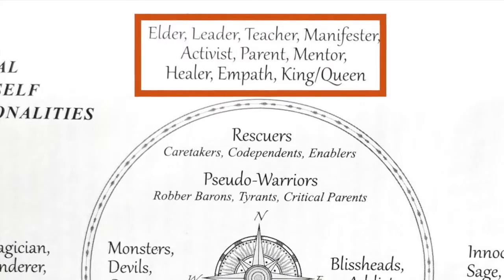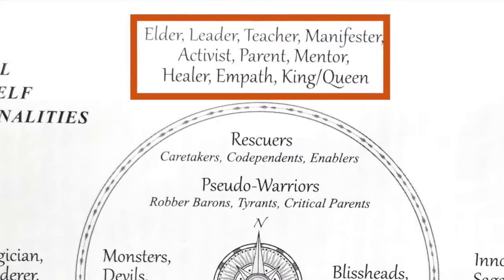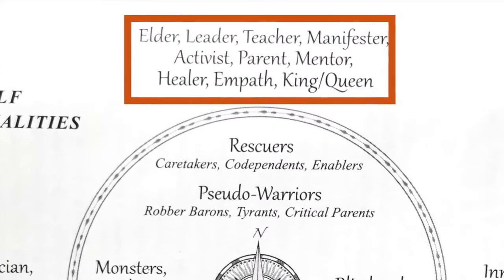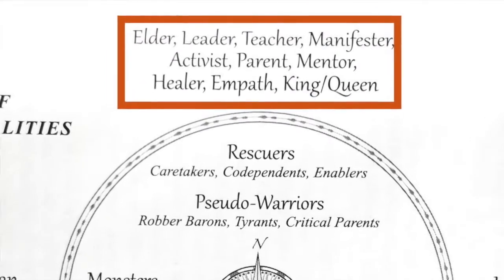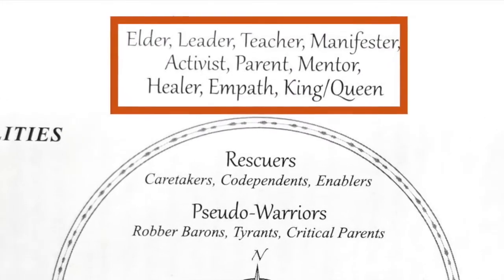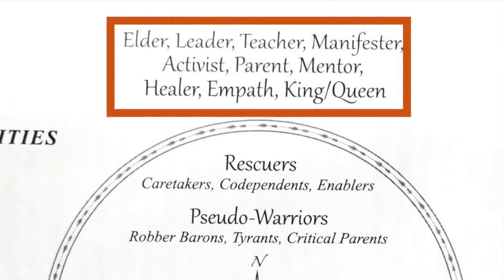You're no longer resistant to harshness or cold, and you can embody these higher aspects of self: the elder, the leader, the teacher, the manifester, activist, parent, mentor, healer, king, queen. There are a lot of archetypes in the north. A lot of our ancient mythologies and stories talk about the north. I don't know if you want to add anything.